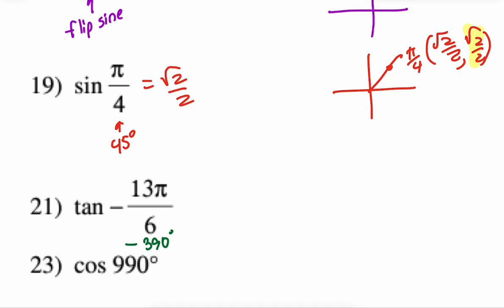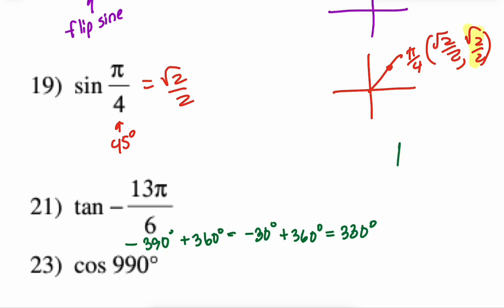So what you can do, I'm going to show you 2 different ways to do it. If you add 360, you still are negative. So to find the coterminal landing spot, just add 360 one more time until you finally get positive, and that would be 330. So negative 390 lands me in the 330 spot.